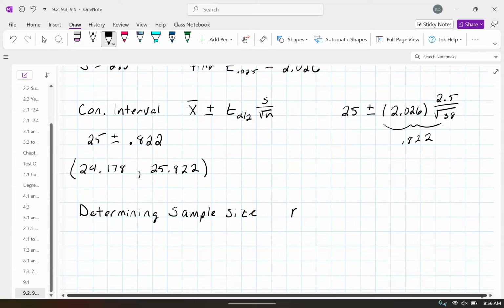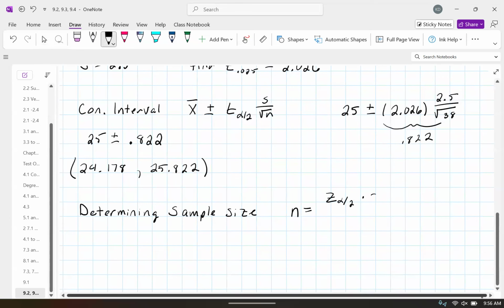In this case, the book gave me a z alpha over 2. That felt weird, it felt like it should be a t, but this is what they had. And again, our error rate is what I gave before.